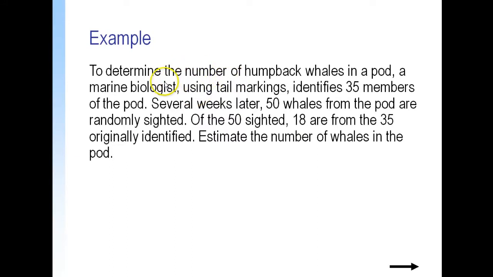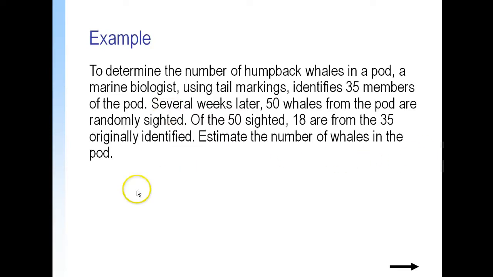You can go to a lake and pull out so many fish, tag them, put them back in, at a later date, pull them out, how many are tagged, how many are not tagged. It's the same type of thing here. So let's read and see what they're looking for. To determine the number of humpback whales in a pod, a marine biologist using tail markings identifies 35 members of a pod.